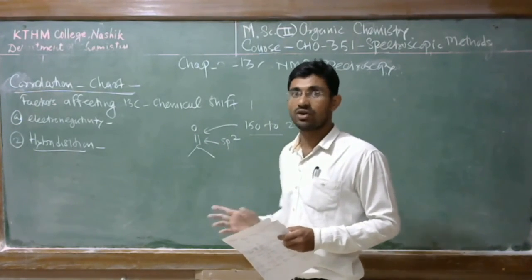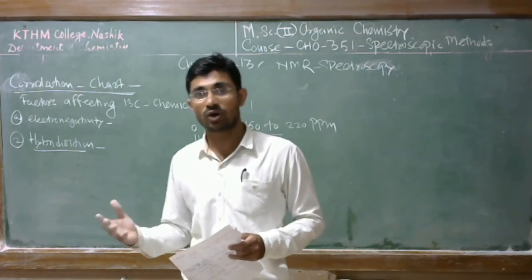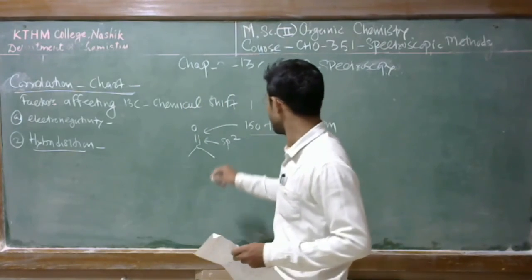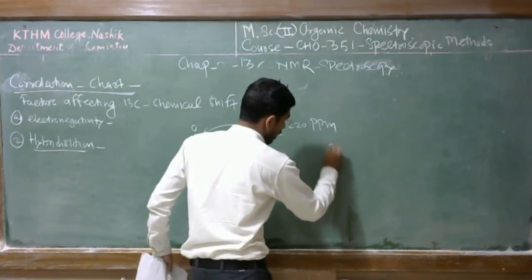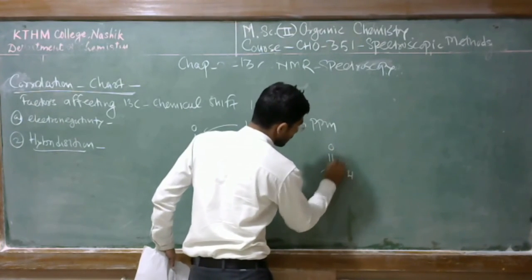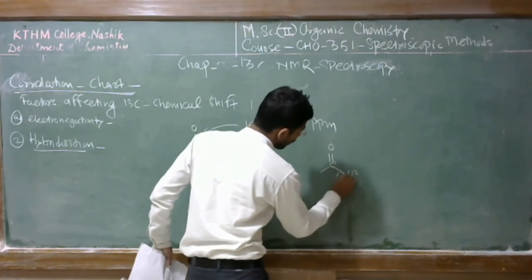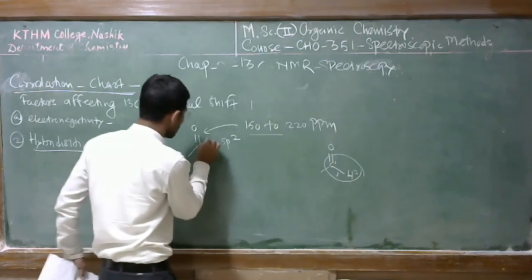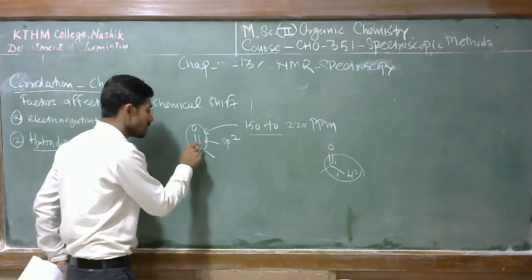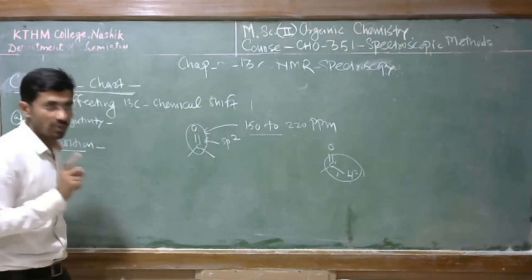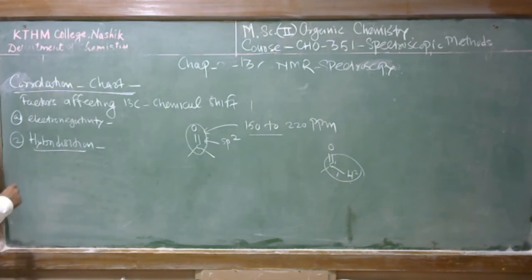Because of that we can observe the range from 0 to 220 ppm, meaning 20 times larger than the proton NMR chemical shift range. In 1H NMR, suppose the aldehyde proton, in that case this effect occurs through one bond, no doubt. But here this effect is directly concerned with the carbon. Because of that we can observe a very large range. So this is the second thing, hybridization.